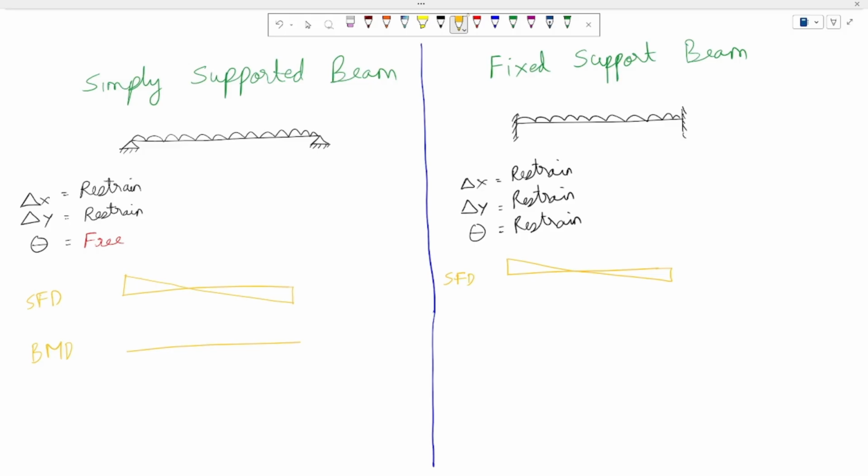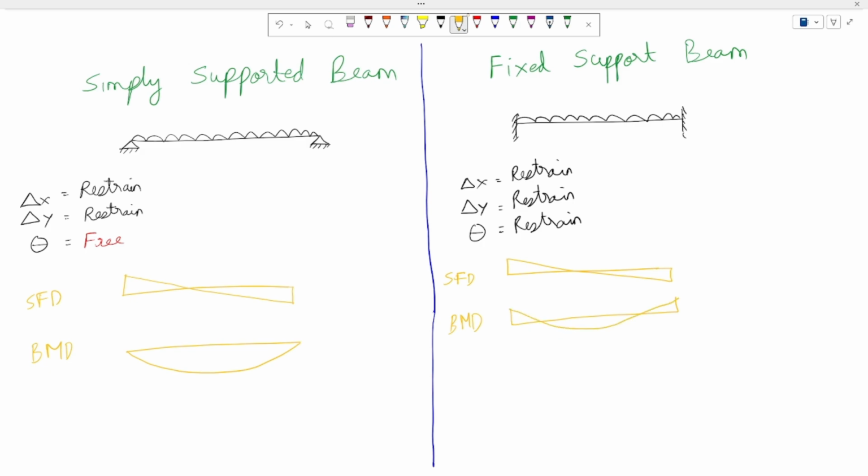The BMD which will be developed over here will be like this, where you will have zero moment at the supports. But here, as your theta is restrained, it is fixed, bending will be different. Here some bending moment will be developed at the support. There will be some redistribution of moment and you will have this kind of figure.